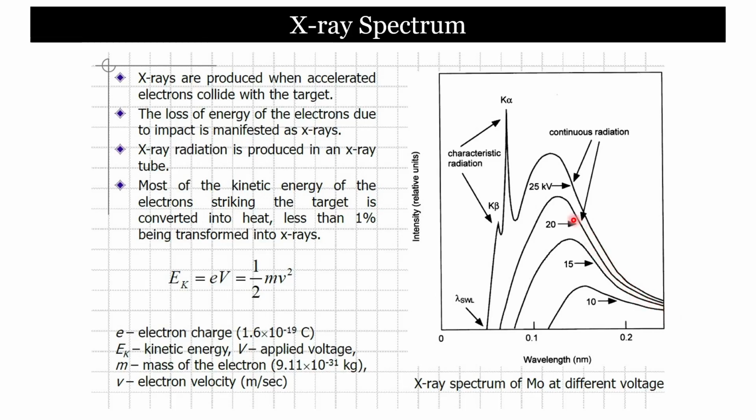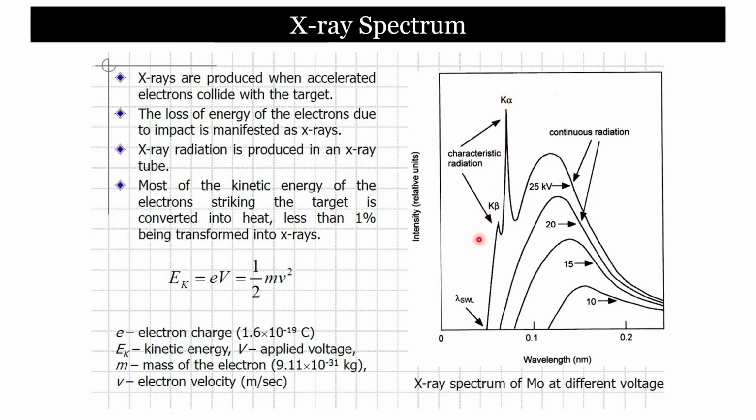And as you increase the voltage, at higher voltage you get these characteristic radiations. These characteristic radiations can be of different types, and they are very specific for every element. For every element you can also have multiple characteristic radiations, like in this case they have shown K alpha and K beta radiation, where the values of these wavelengths are used for the detection of your atom.